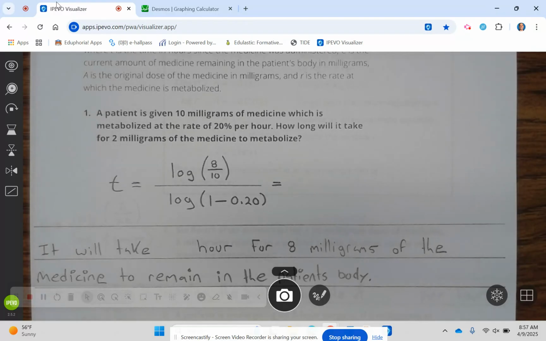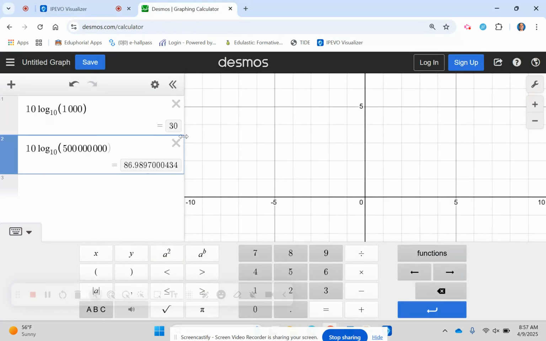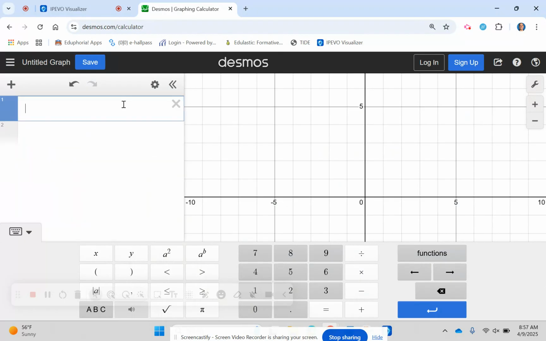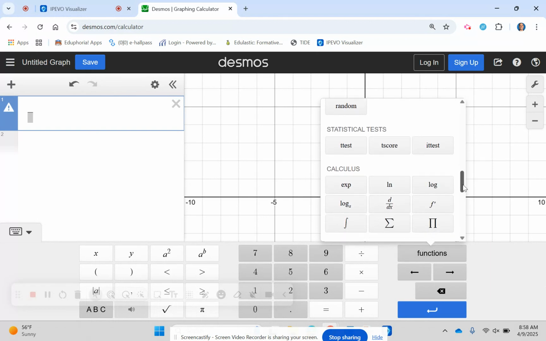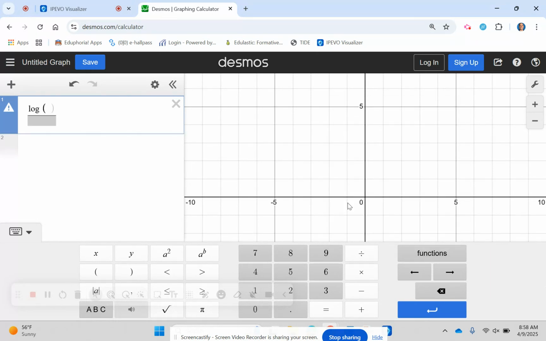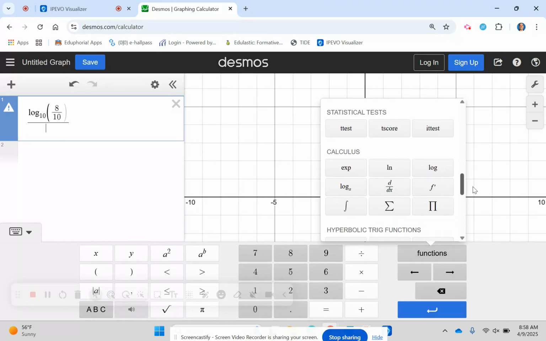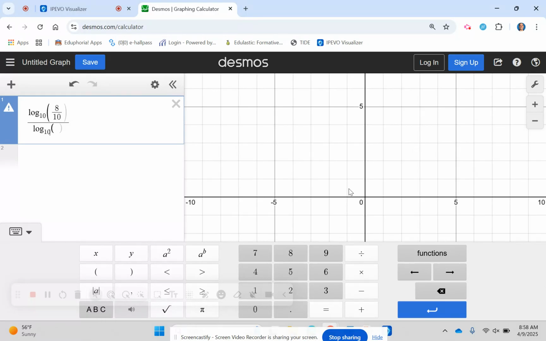So we need to plug the numbers into the equation, which we've done here, and let's go ahead and use Desmos. So, divide, equals 1.